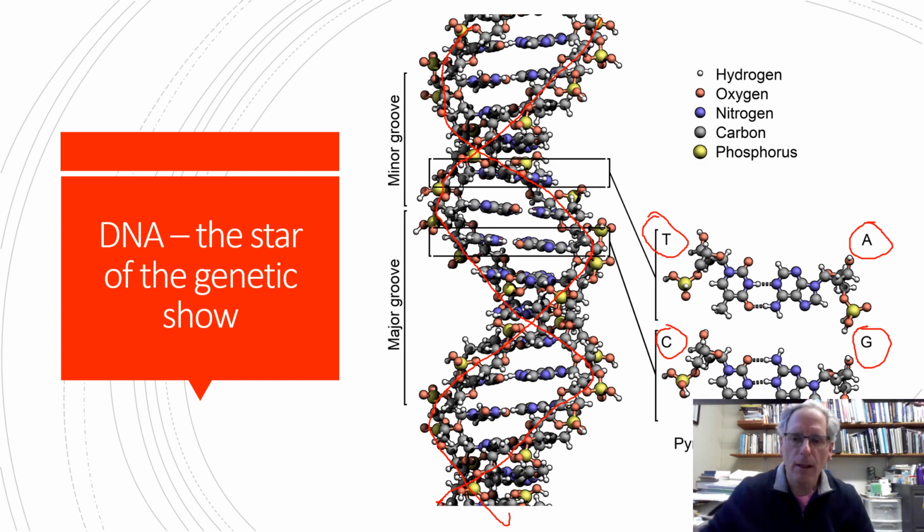In DNA, thymine always pairs with adenine, and adenine always pairs with thymine. Cytosine always pairs with guanine, and guanine always pairs with cytosine. We call this type of nitrogenous base pairing complementarity.